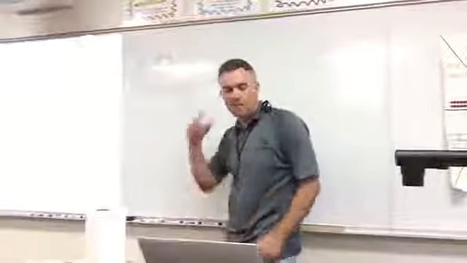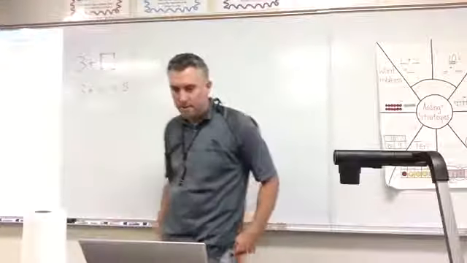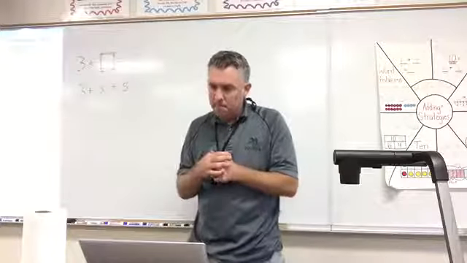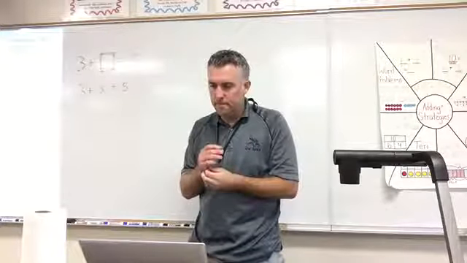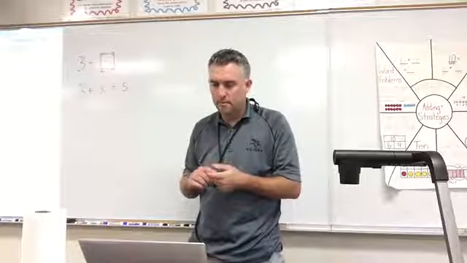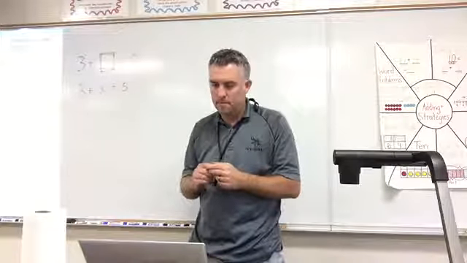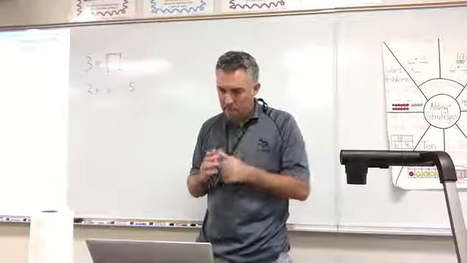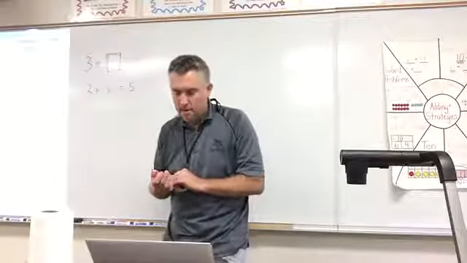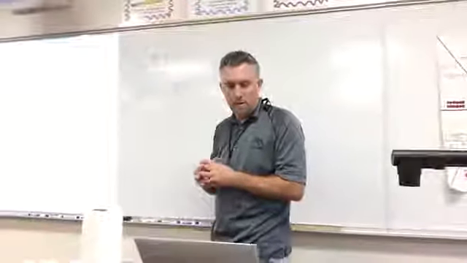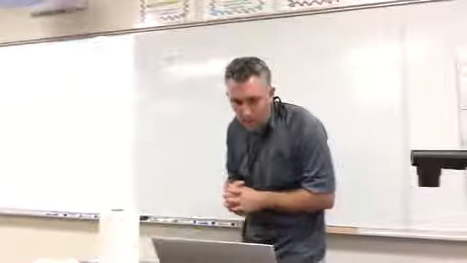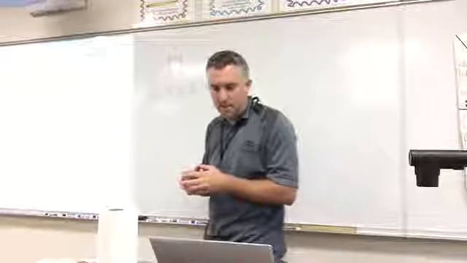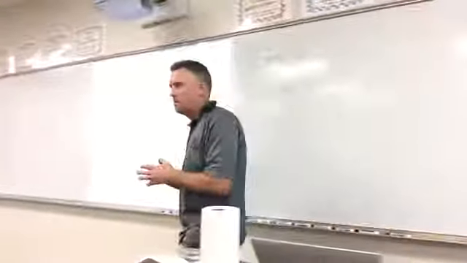I'm going to give you a minute to see what you come up with. The product of 3 times a number and the number decreased by b is c. Flag me down if you got it.